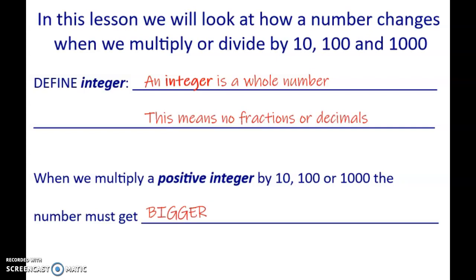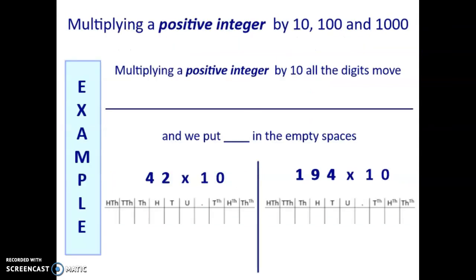Fantastic. Okay, let's have a look then how we can use some of these rules to help us multiply by 10, 100 and 1000. Here is my first example. I'm going to start by looking at multiplying by 10. So at the top it says multiplying a positive integer by 10.